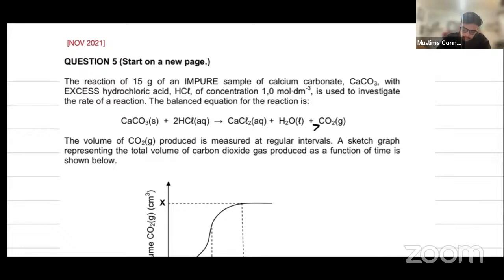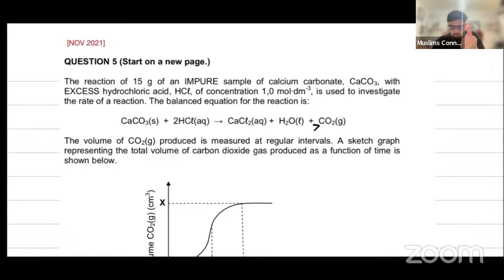This is a correct amount, however, the 15 grams of impure sample of calcium carbonate. We need to note that this 15 grams we also can't use in the molar ratio. Why? Because not all 15 grams of this impure sample of calcium carbonate is going to react. Only the part that's actually calcium carbonate is going to react, and that we're probably going to have to calculate. So just keep that in mind.